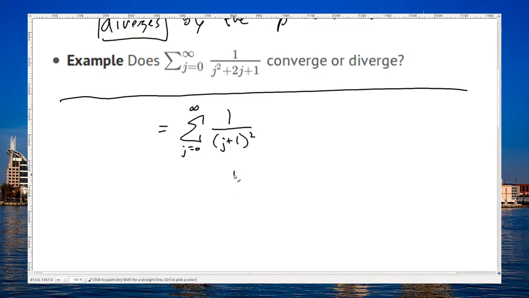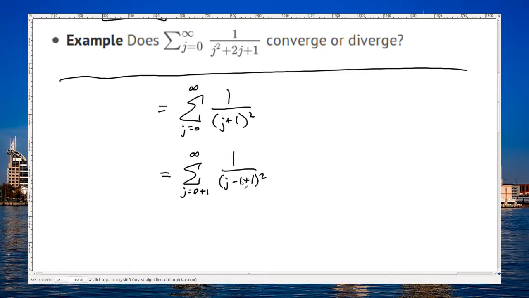I'll just subtract 1 from the j here. All right, but if I subtract 1 from j, I've got to add 1 to the starting j. Okay, and then that cancels, and that gets me the series from j equals 1 to infinity of 1 over j squared.